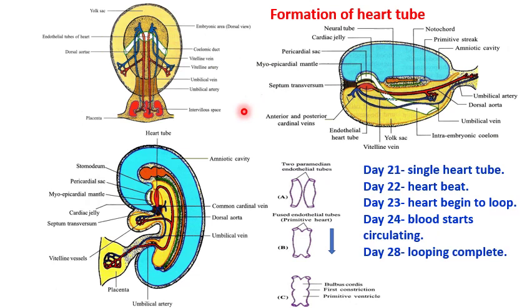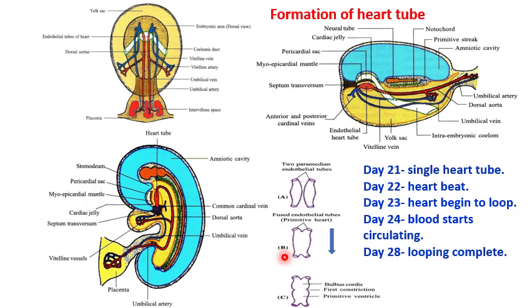So with the cephalic and the lateral foldings, the embryo will bring the two lateral endothelial tubes closer in the thoracic region, where they fuse to form a single tube, and the fusion occurs in craniocaudal direction.